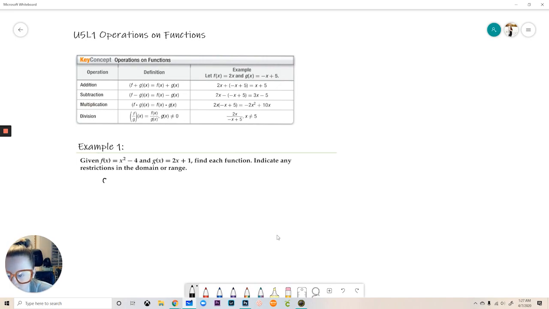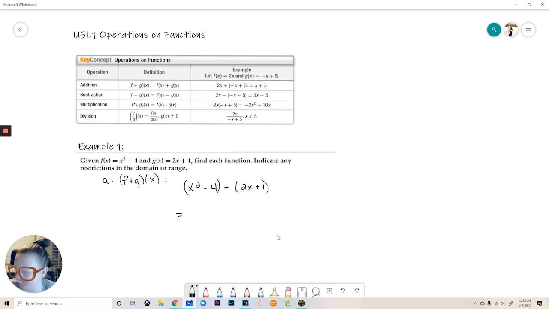Part A says find f plus g of x, which means we're going to take whatever f of x is and add it to g of x. So we've got x squared minus 4 plus 2x plus 1. Now we can simplify this and combine like terms.